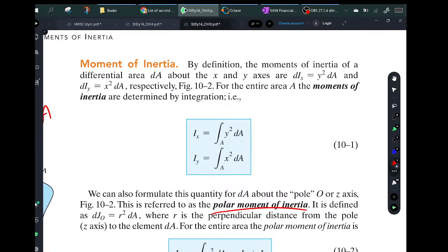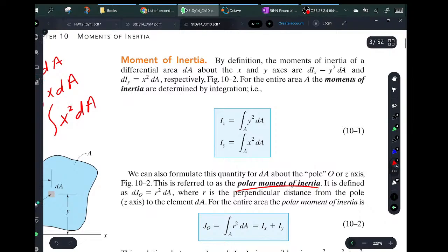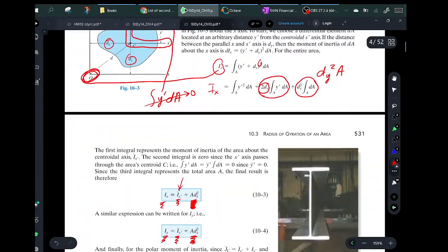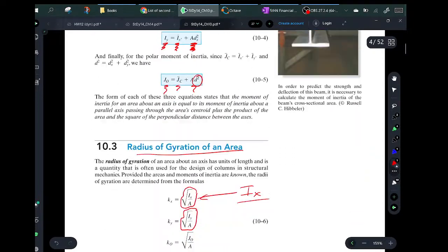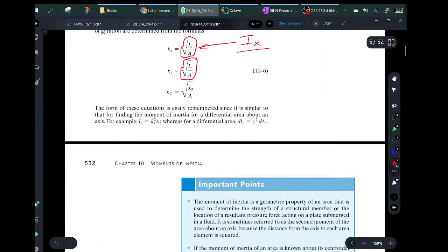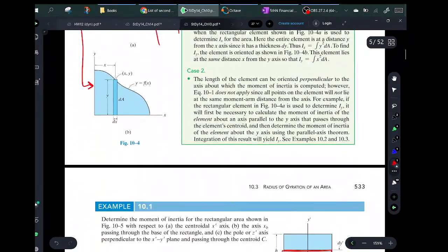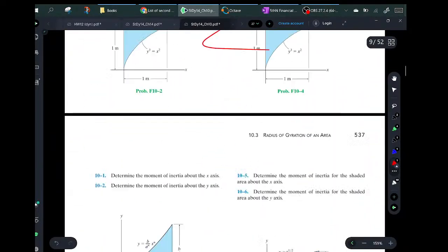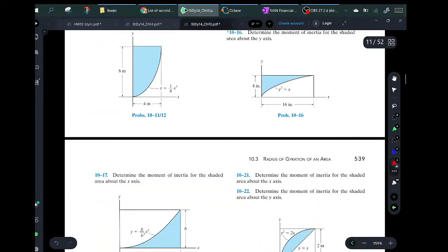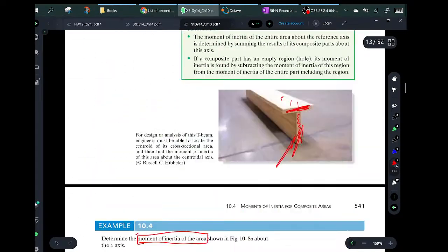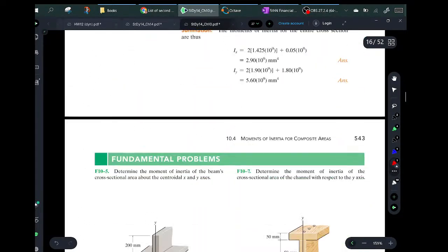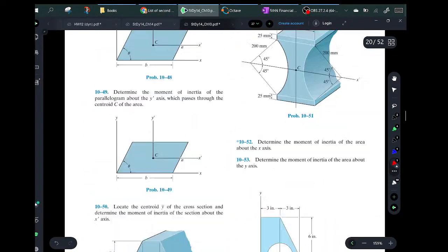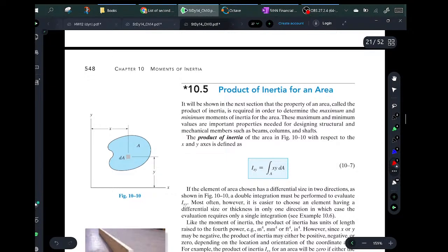Okay, he goes from here into the parallel axis theorem, goes into the radius of gyration. He does not do that quite yet. Okay, well, I'm sorry about that, but we're in composites. Let's see if he goes somewhere in here and describes this. Or basically, okay, here we go.